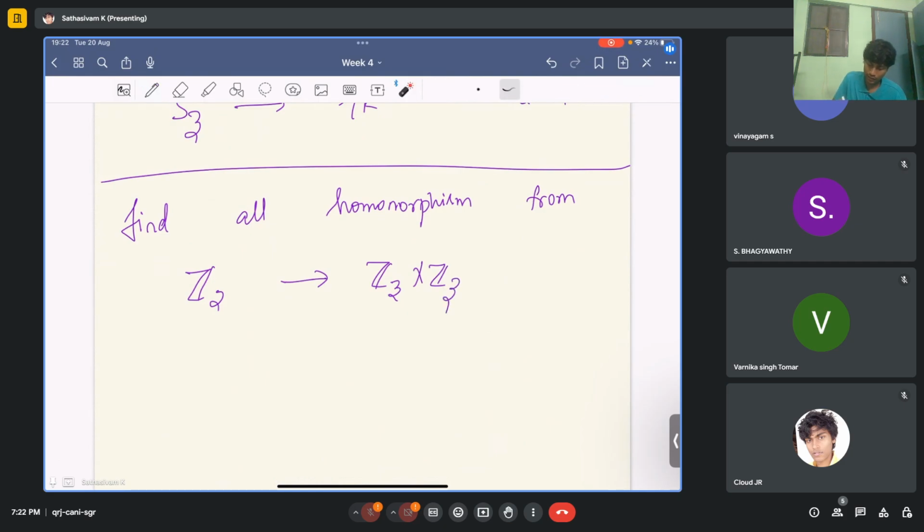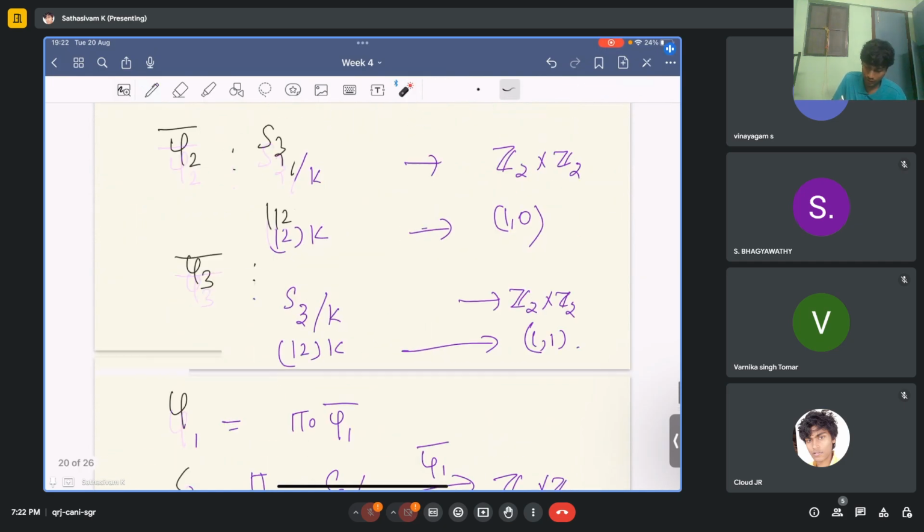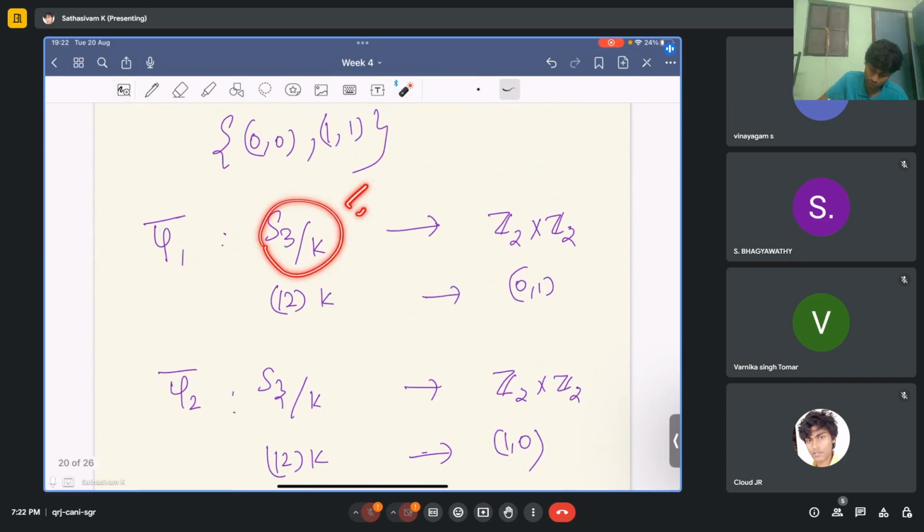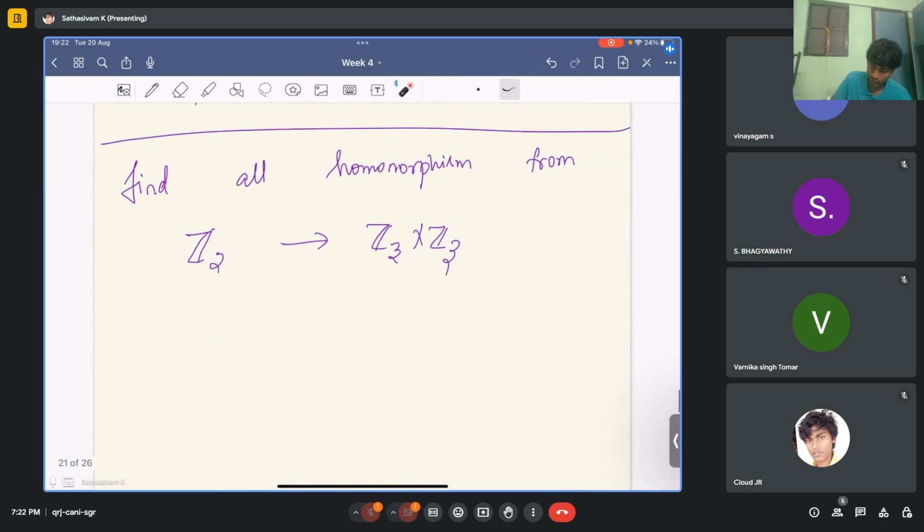See, here also there is the same kind of problem, right? Here also we did a similar problem. If you observe here, this is basically isomorphic to Z2, so what we did is find a homomorphism from Z2 to Z2 cross Z2. Now we are doing it a little bit differently: instead of 2, we take 3 here.